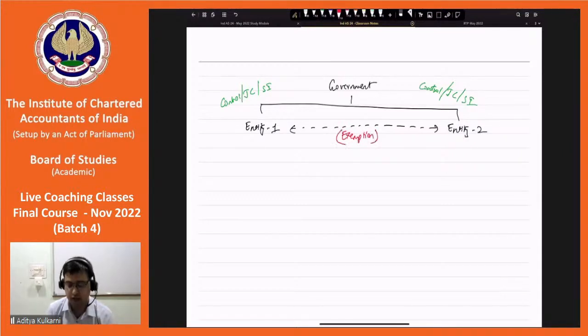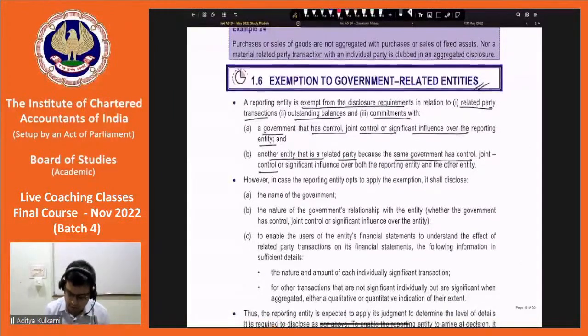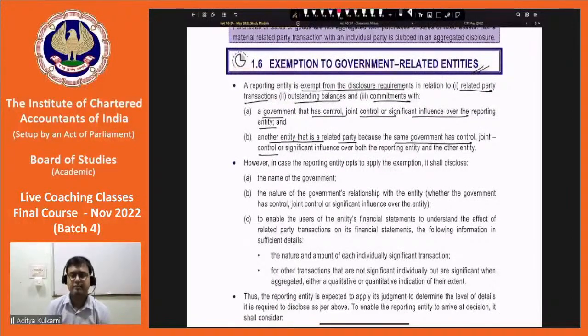What exemption can they enjoy? They need not disclose the transactions, need not disclose the balances, need not disclose the commitments. कुछ भी disclose मत करो.